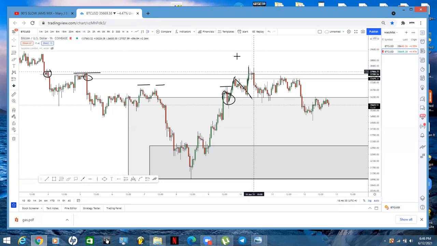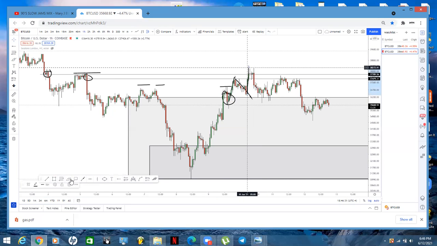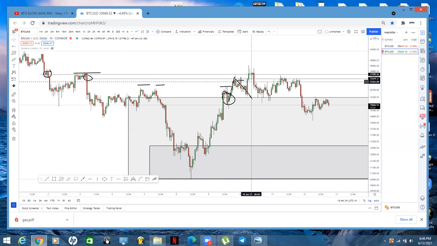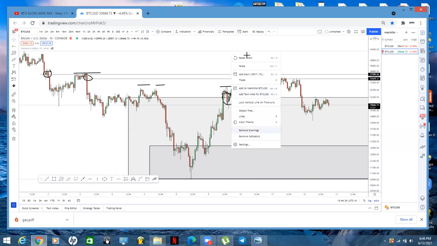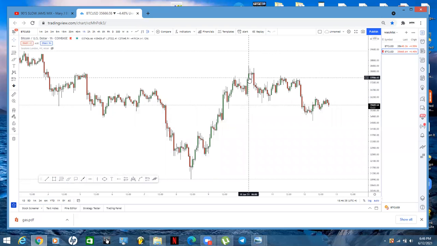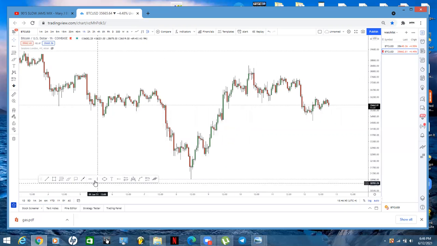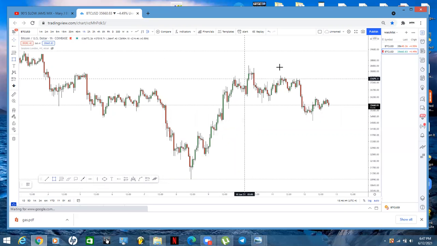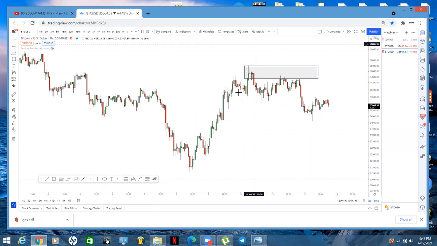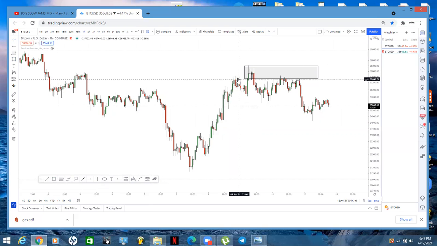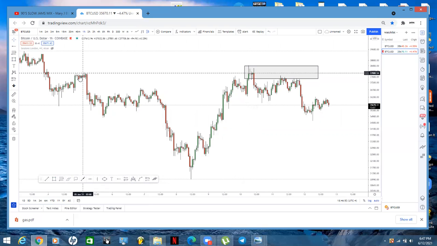All right, so notice how once we took out those highs right there, look at this. Notice this strong move to the other side. Notice how this candle right here, this whole accumulation, not only broke these equal highs, but it also broke these equal highs.